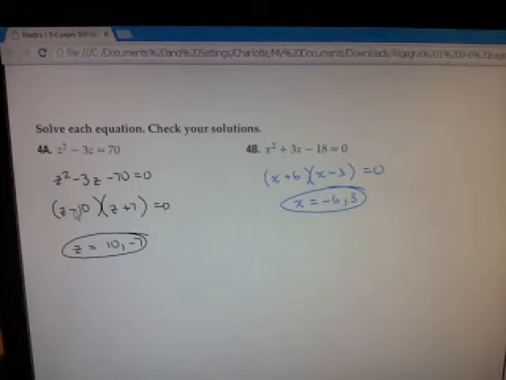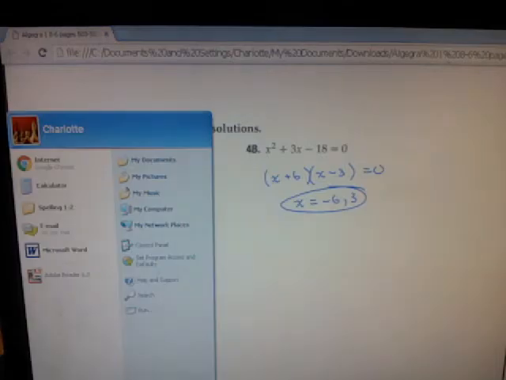And that would be a negative 10 plus 7. If I put z minus 10 equals 0, that would give me a positive 10. z plus 7 equals 0 would give me a negative 7. Because how do you move a negative 10? You make it a positive 10. How do you move over a plus 7? A negative 7.